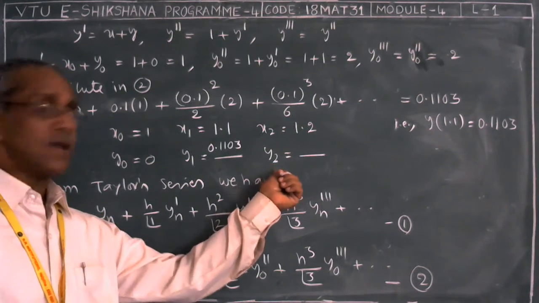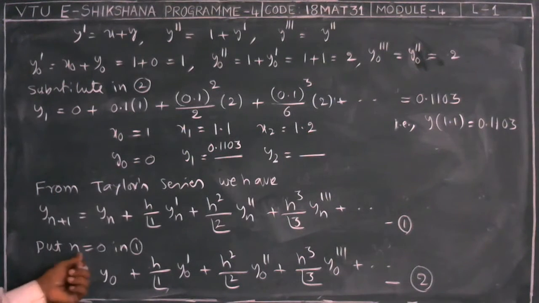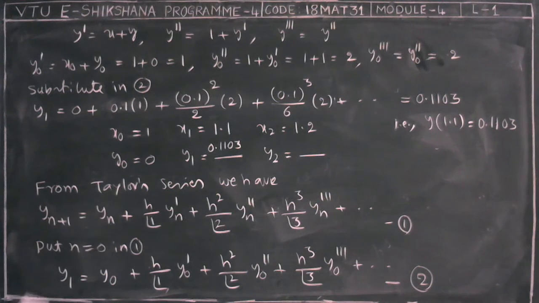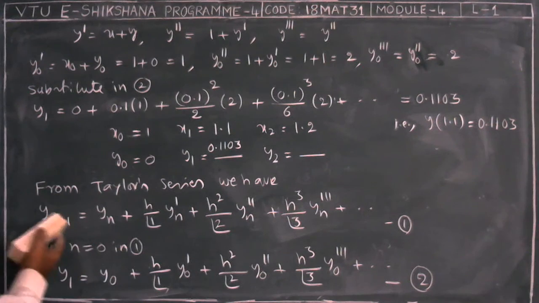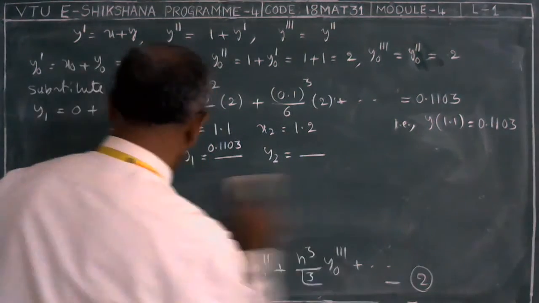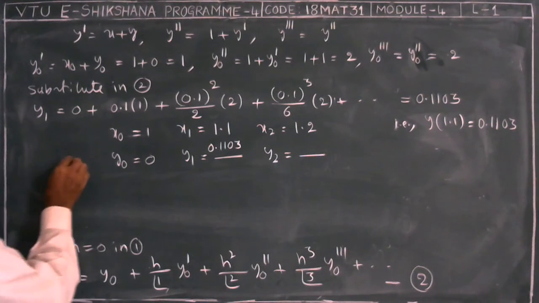Next I have to compute y2, numerically, the value of y at x is equal to 1.2. So what I have to do is fix n is equal to 1 in 1 and proceed.